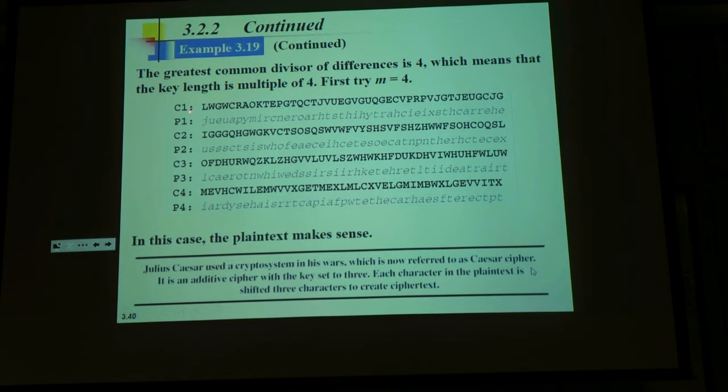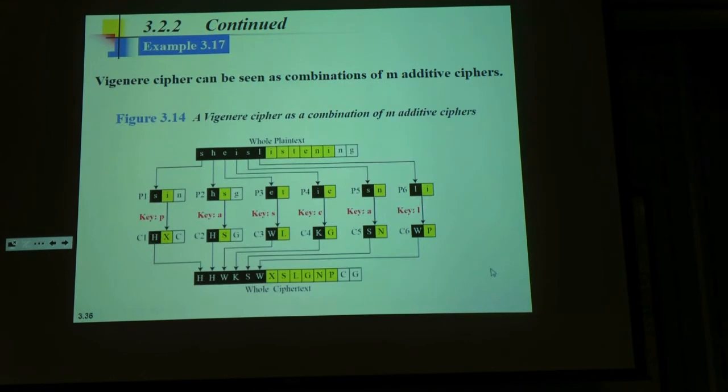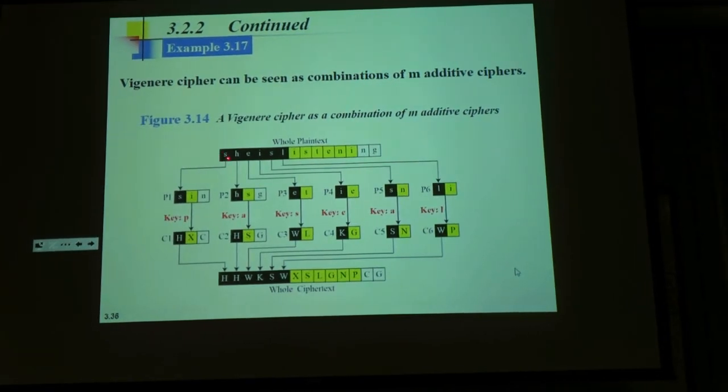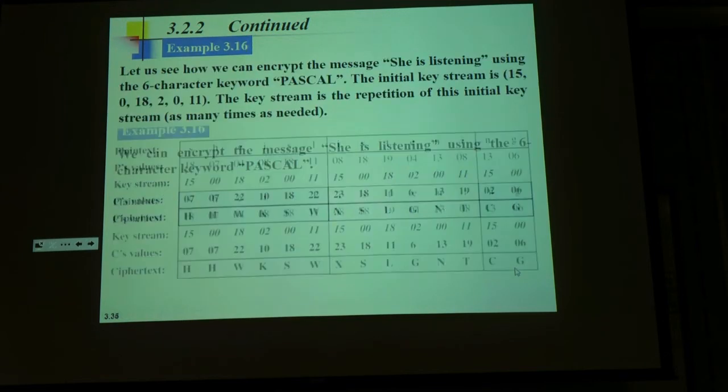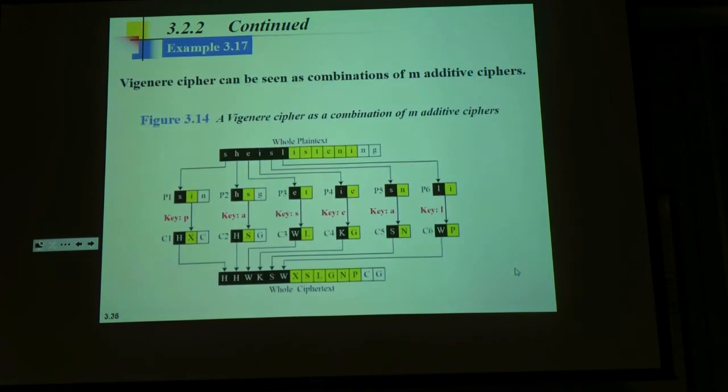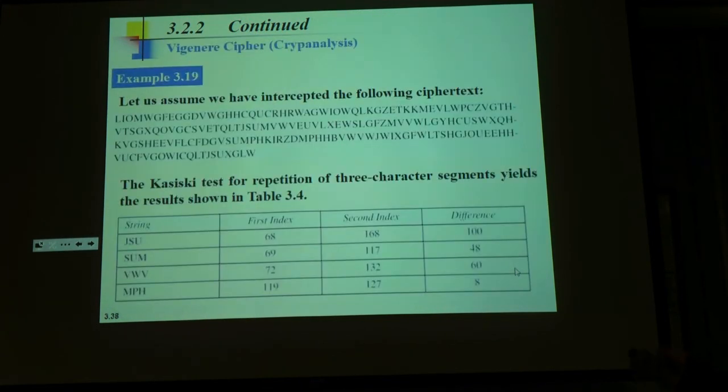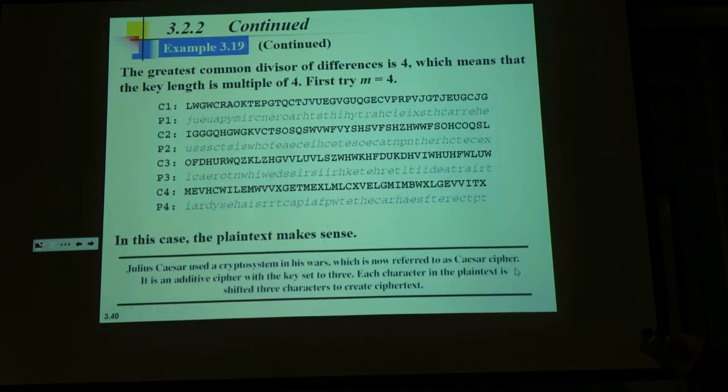You take the ciphertext and divide it into 4 segments. Let me go back here. What we did here: the black is the first line, then yellow the second line, and so on. You have to organize it into 4 segments: cipher 1, cipher 2, cipher 3, cipher 4, and then try to decrypt. What do you get?